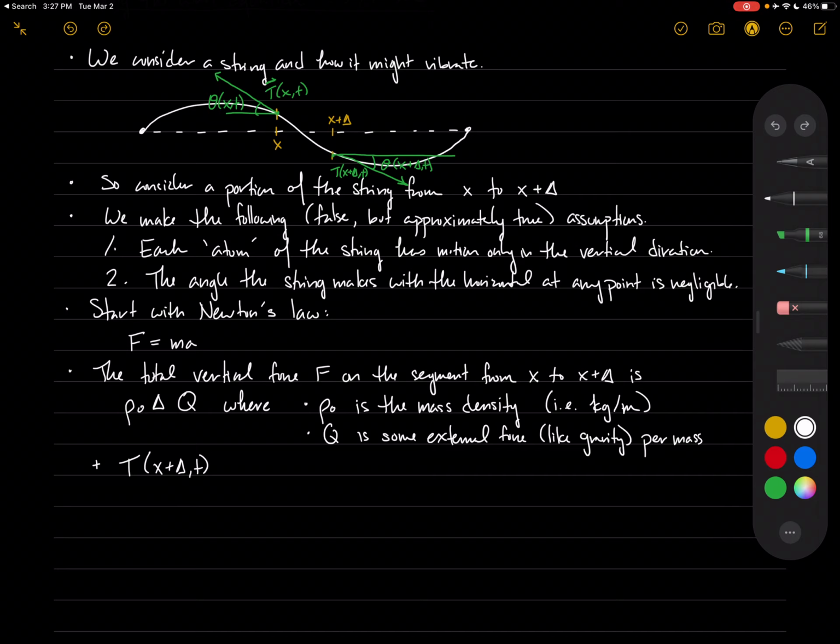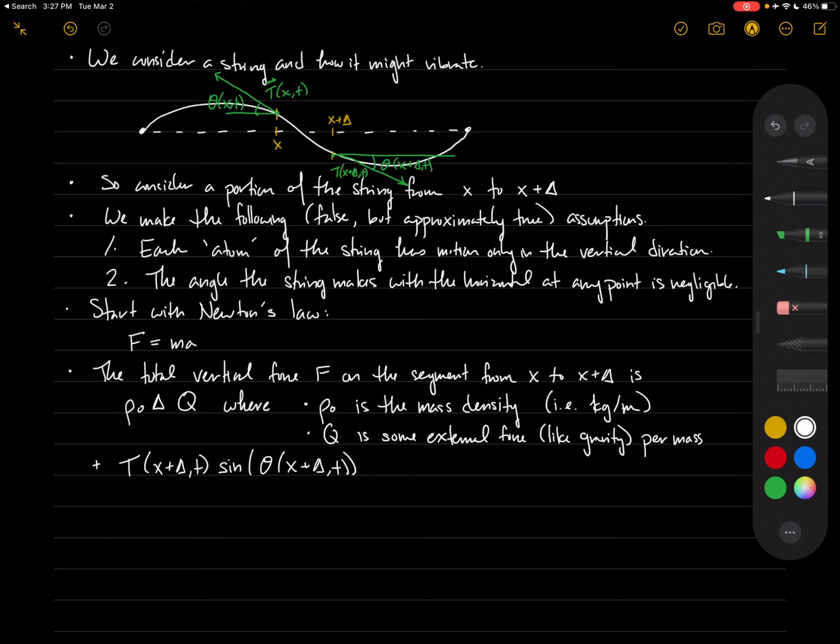To get the vertical magnitude from the total magnitude, we multiply by sine of theta at that spot, x plus delta.